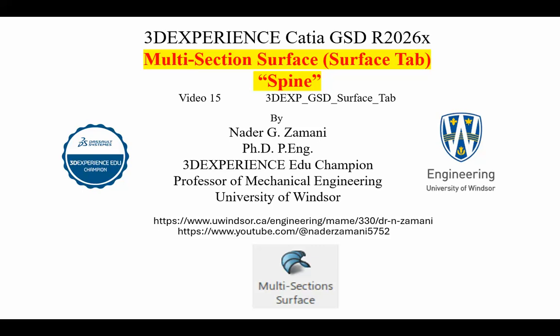This is why there have been about 10 videos on this particular icon, multi-section surface, in the present playlist. So I'm trying to make small videos, but looking at specific features of the icon. And this particular one is called the spine.